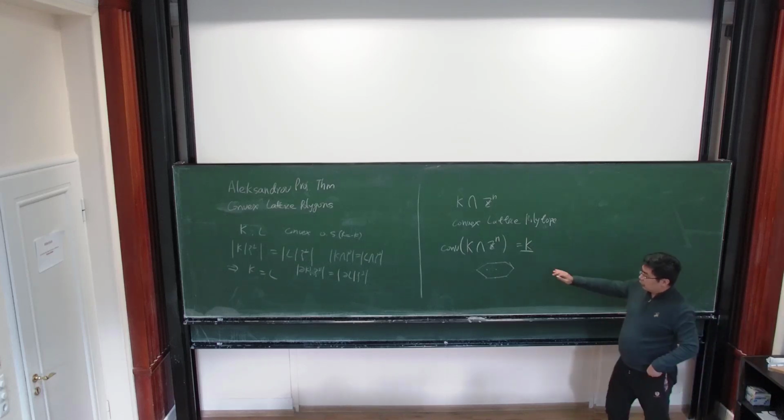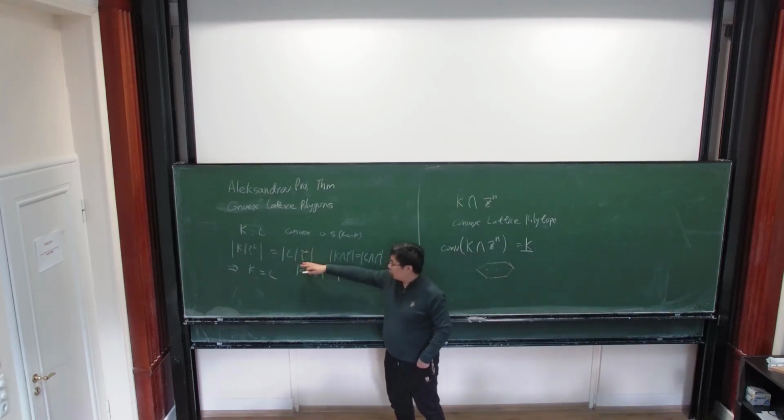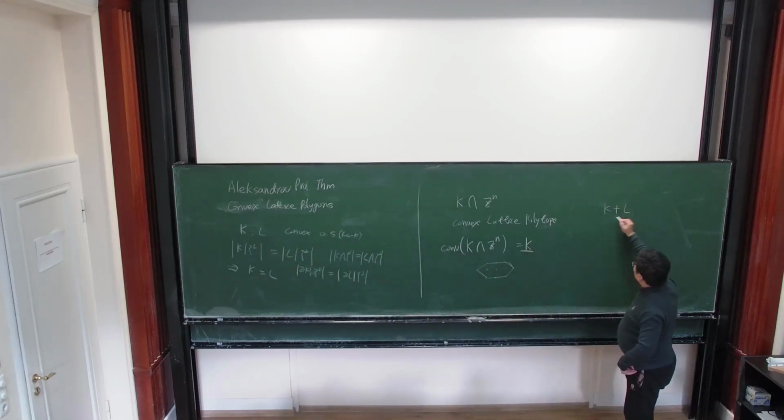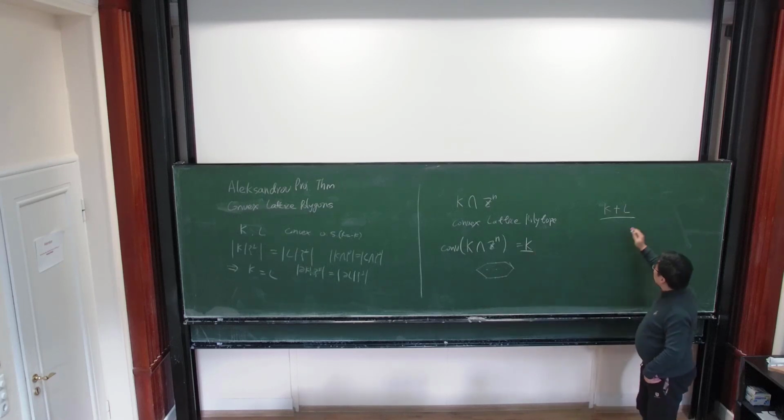In the discrete setting, if you have convex bodies, the first thing you want to ask about is the Minkowski sum. And you consider the Minkowski sum here, and you will find that it will not give back a lattice body. Why?